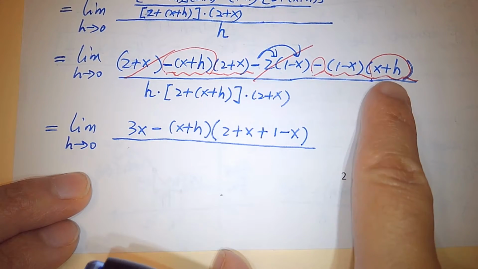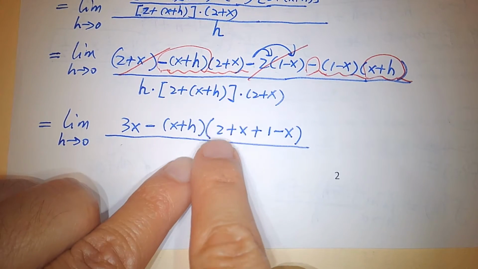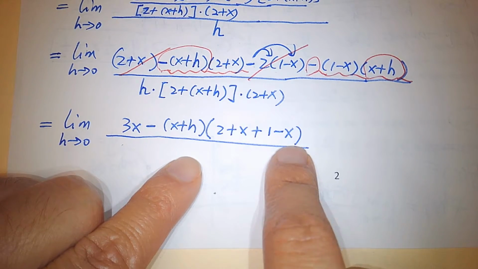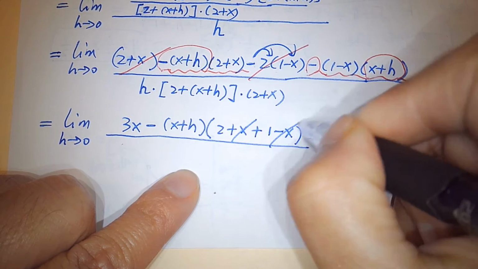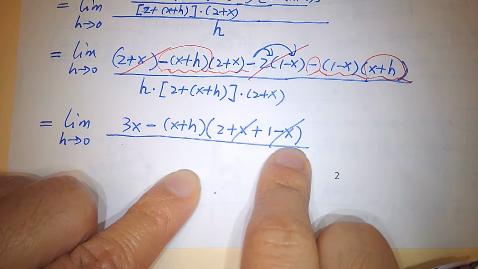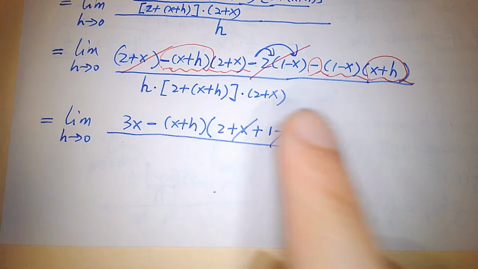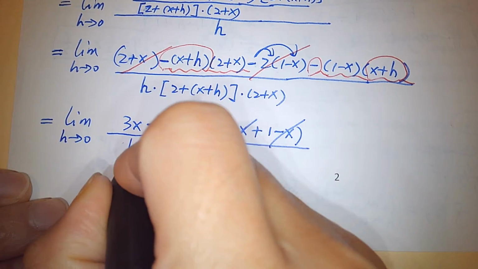Negative x plus h out. 2 plus x is left over. 1 minus x is left over. Okay? And then what do we have here? X, negative x gone. So actually we have a 3 times by this thing, right? So let's leave this in the next step.